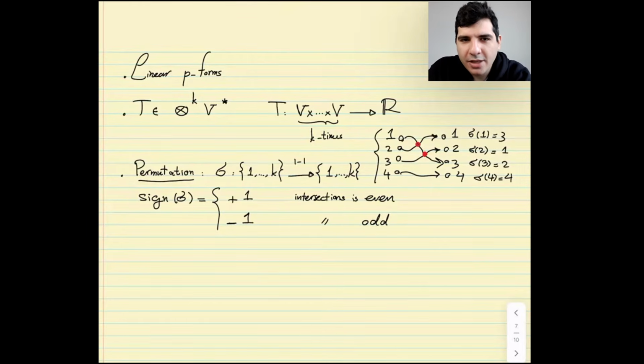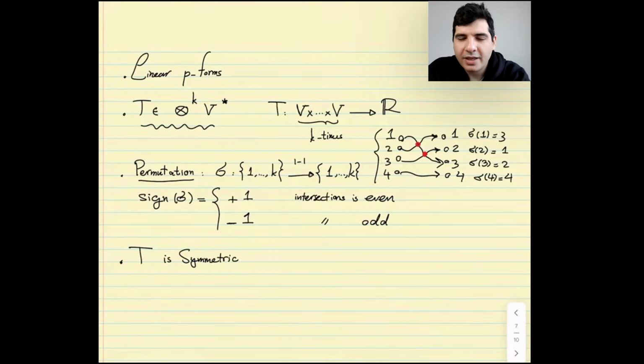Great. So with this definition, we are ready to define the notion of linear forms. So I would say a k-tensor T is symmetric if you look at the value of T on any set of vectors v1 up to vk, the order of v1 up to vk doesn't matter.